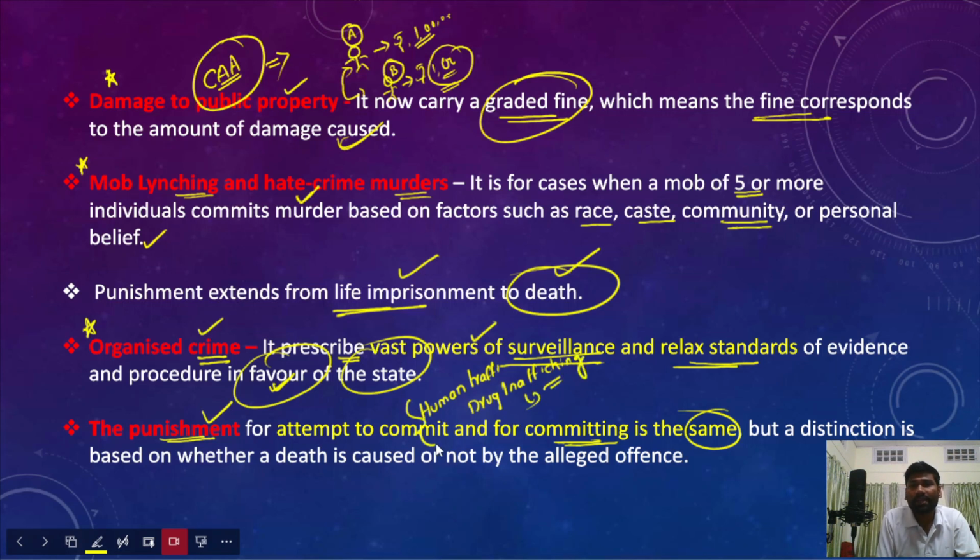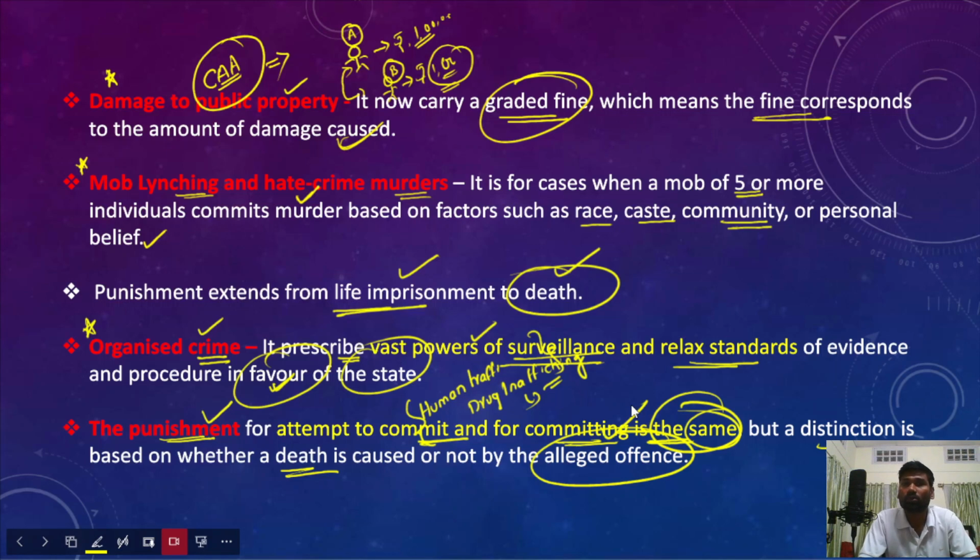So any individual who attempts to commit such a crime or commits it is liable under this Bharatiya Nyaya Sanhita Act. But the distinction is based on whether death is caused or not by the alleged offenses. The only distinction is whether death is caused or not caused by this alleged organized crime.